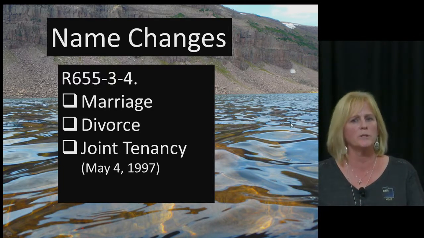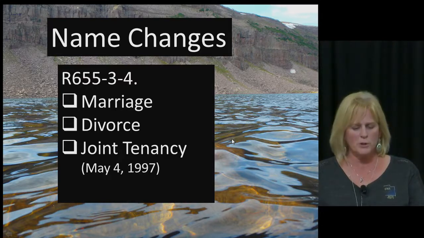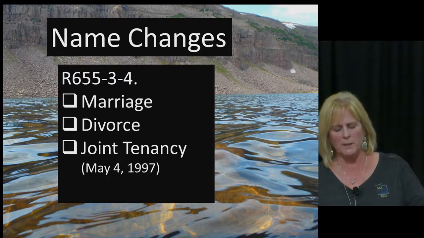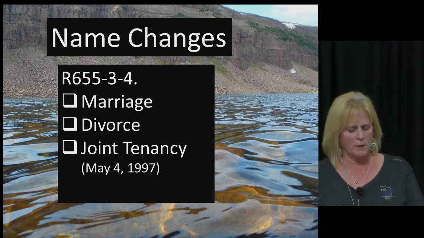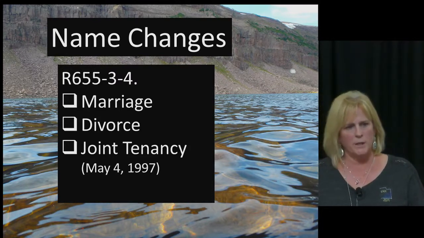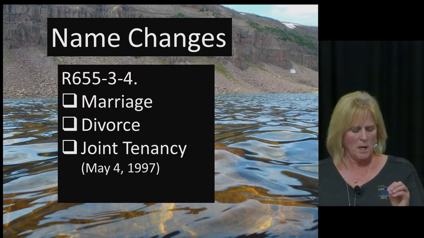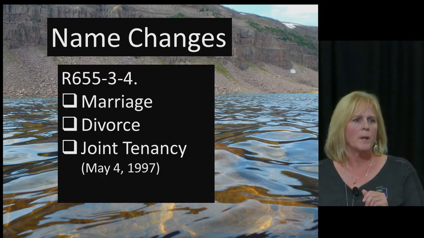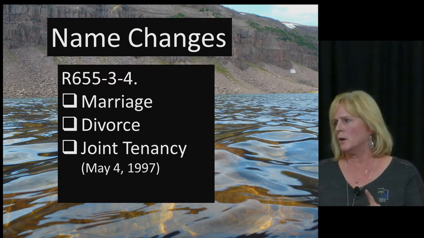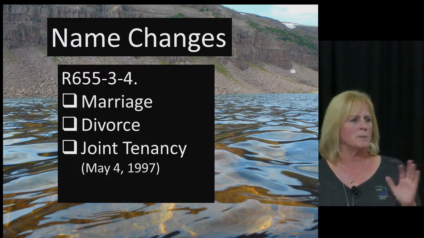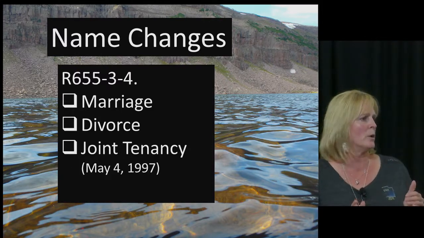In case there is a joint tenancy, the person would just have to submit a copy of the death certificate or an affidavit, and then the joint tenancy can be severed, okay? Just another note, on our files, sometimes we don't have them as joint tenants on our water right files.